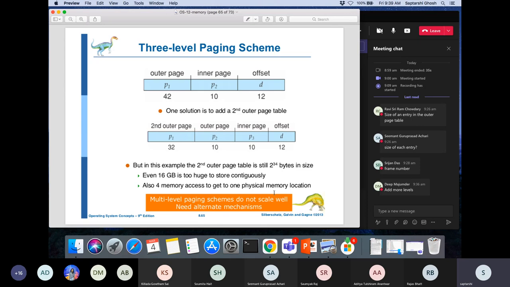Exactly the same sequence of steps goes on. You access one page table, that gives you the starting address of a page of the inner level page table. Then you access the inner page table. Again, you get a starting address of a page of the even inner page table, and so on.